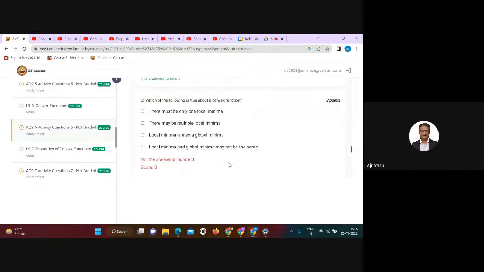Now after he explained, I got it. Yeah, there can be some point where the local minima can occur, but it must be a global minima also. But there can be multiple also, right? Multiple means not at different points; at the same point also it can happen. How, sir? Geometrically, I'm not able to visualize.